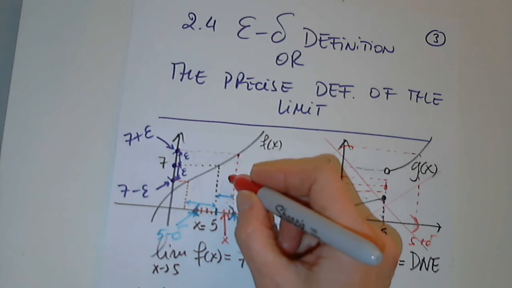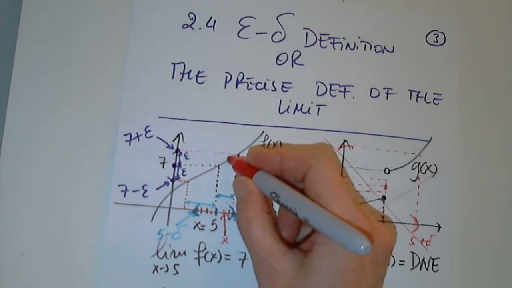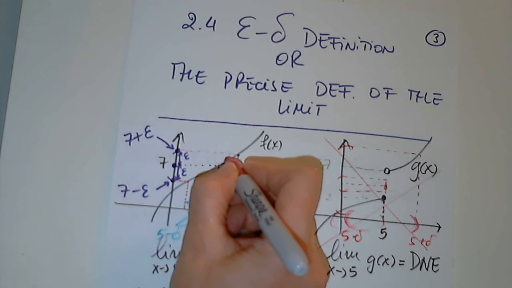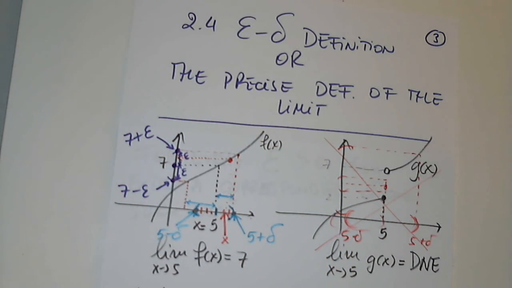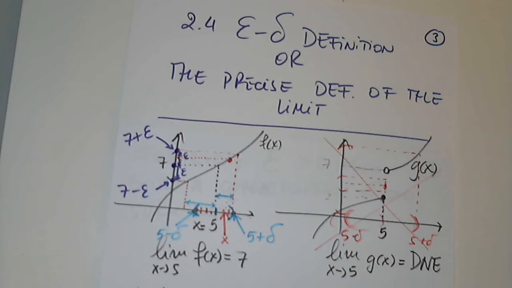Where do you think f of x, the corresponding f of x for this x value, will fall? Mandatory within epsilon away from 7. Okay? Why? Because the limit exists.